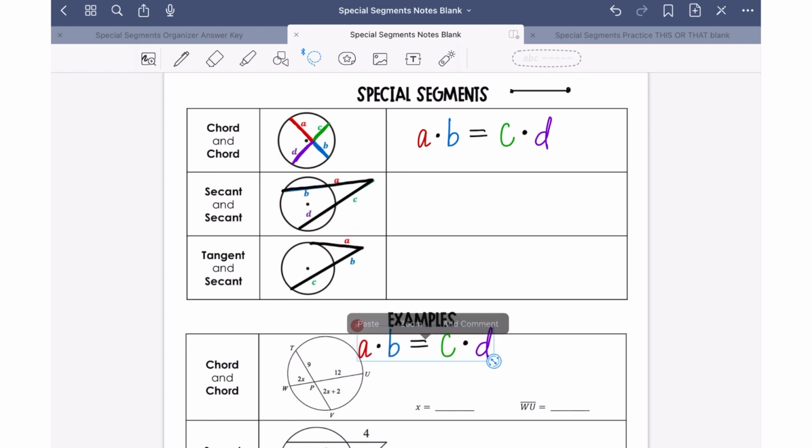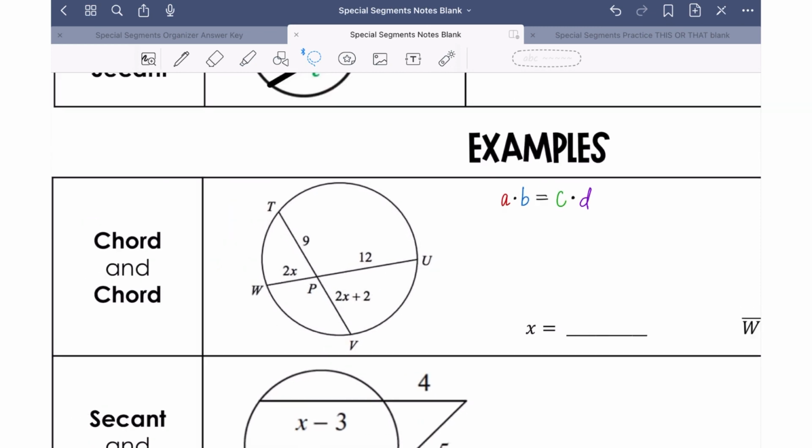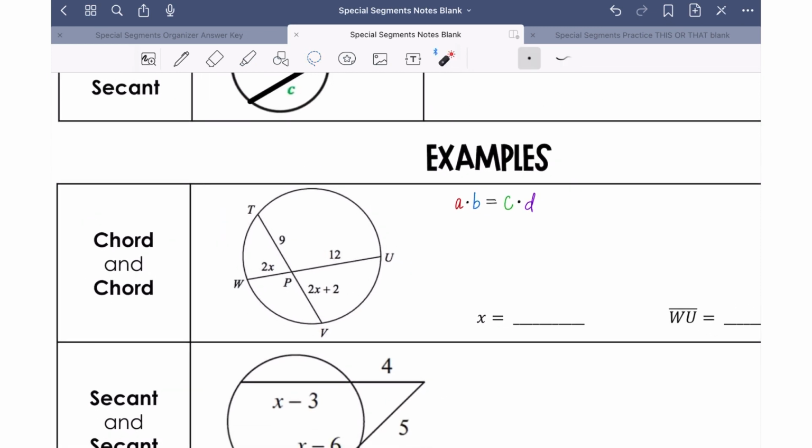So write your formula. We're going to shrink it a little, okay? Zoom in. So for this problem, first they're asking me to solve for x in the circle, and then they're asking me to solve for the length of segment WU. Okay, so let's start with finding x first.